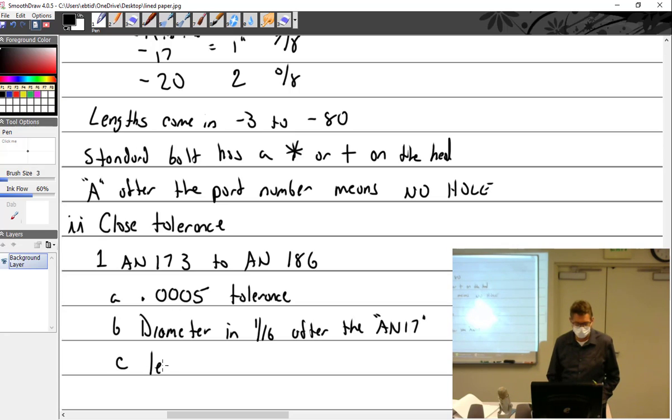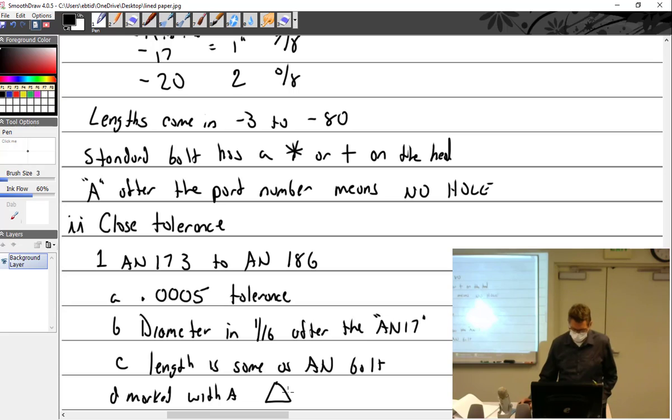Lengths are the same as AN bolt, which is to say it's in eighths. Marked with a triangle.